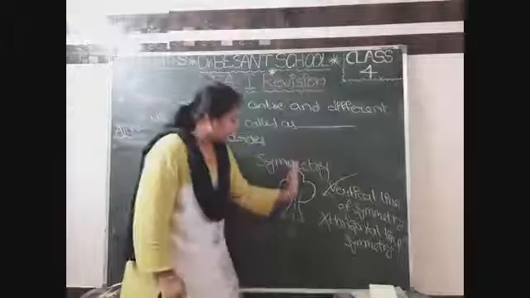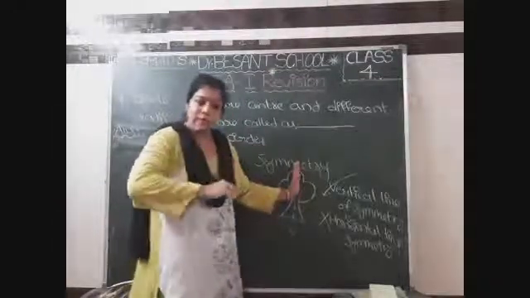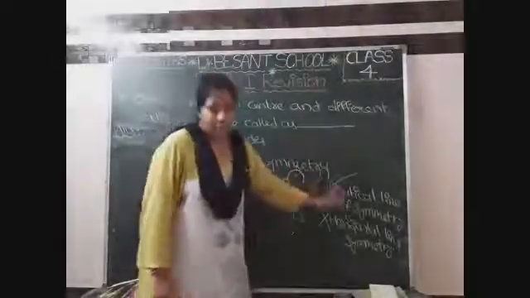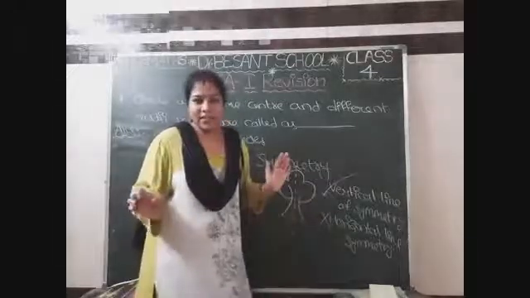This tree contains only vertical line of symmetry. Why? Because we will draw the line like this, both two parts are reflections to each other. That's why this tree has the vertical line of symmetry only. It does not contain the horizontal line of symmetry.